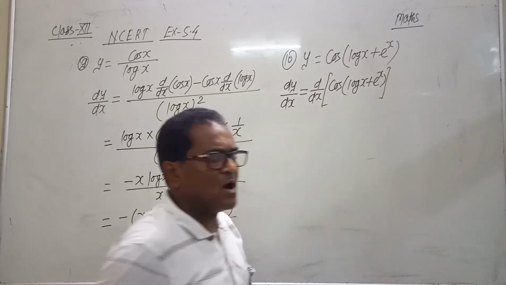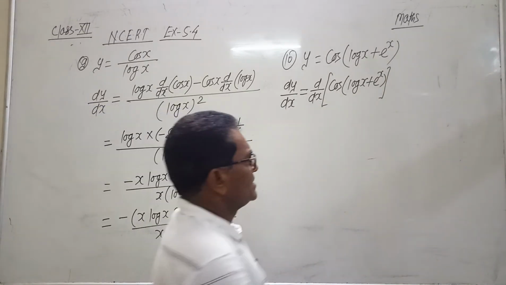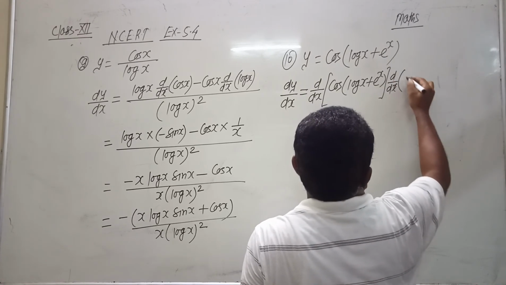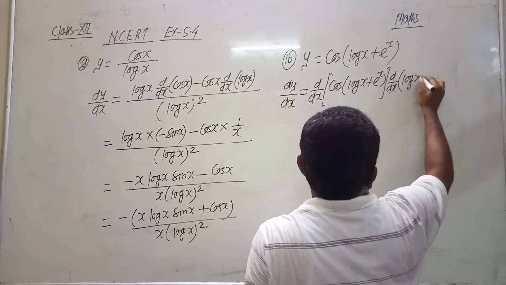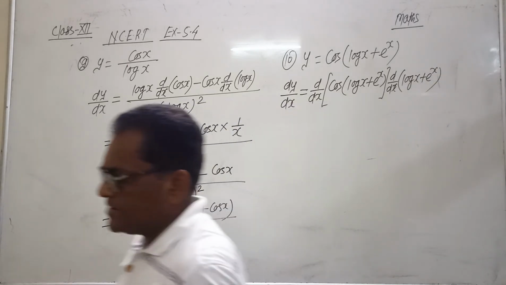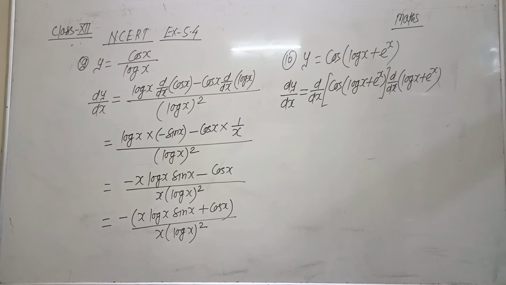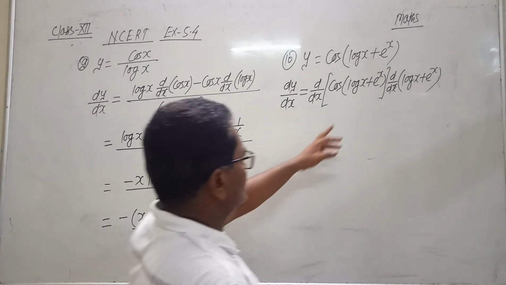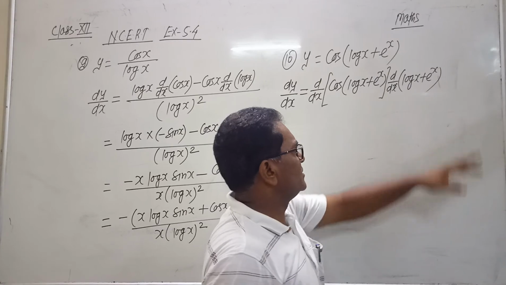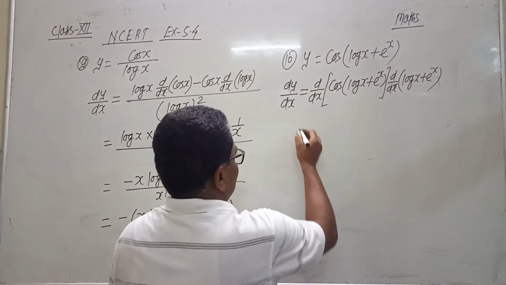Then drop cos, then d by dx of log x plus e raised to the power x.